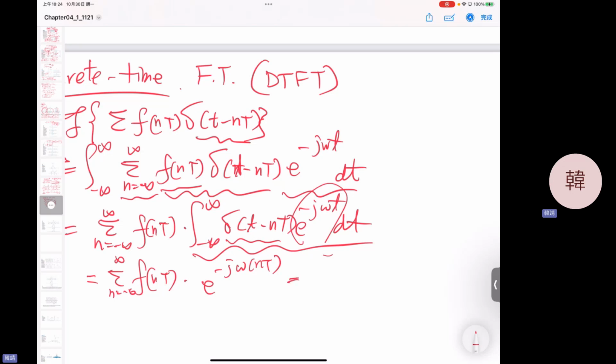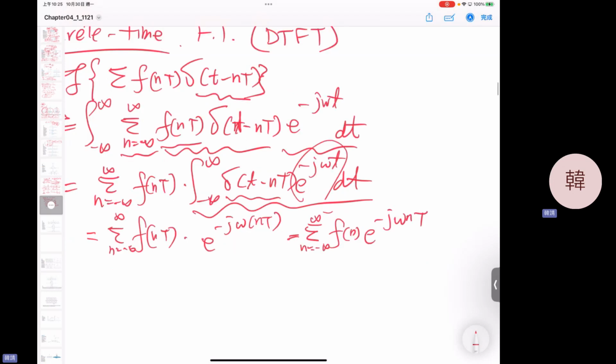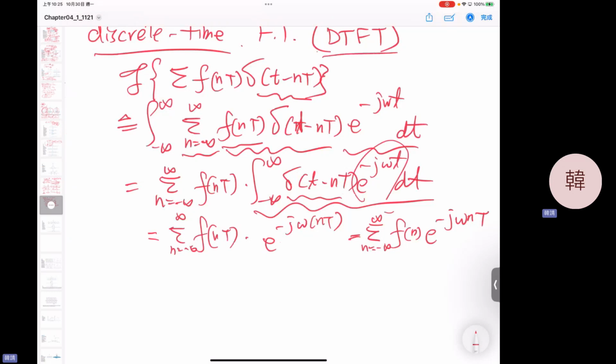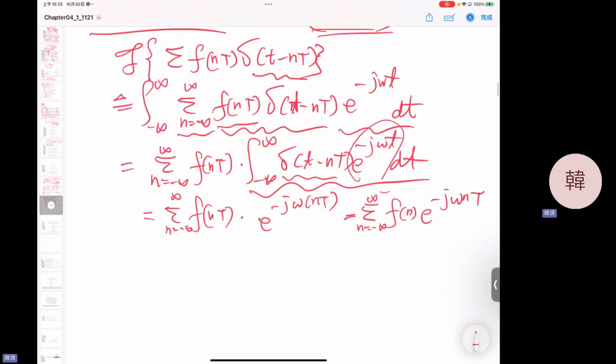So we see your sampled signal, no matter whether it is one-dimensional or two-dimensional, the result is just like this. Okay, so it's a discrete time Fourier transform. It means your signal, your image, your speech is sampled every capital T seconds, and the Fourier transform we call it DTFT, discrete time Fourier transform, just like this one.